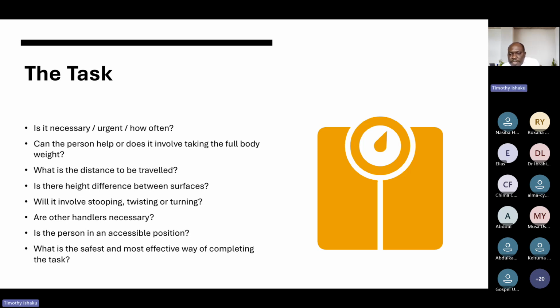Are there other handlers necessary? If you are not the only person involved, earlier on we looked at communication as one of the problems of patient handling. So are there other handlers involved? Do you need to communicate with other people when you are performing the task?